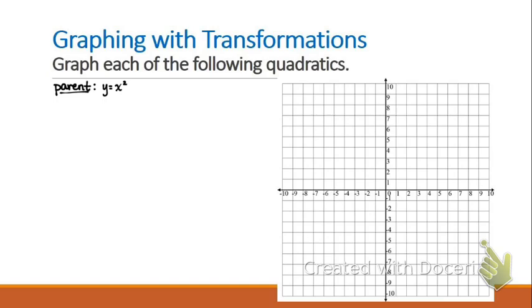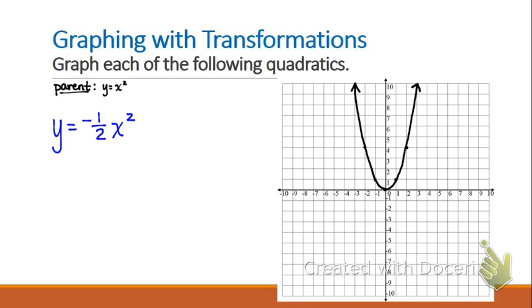And so we're going to take each of those x values and square it. -2 squared would give me 4, -1 squared is 1, 0 squared is 0, 1 squared is 1, and 2 squared is 4. So then I can get my parent function graphed here, just like that.